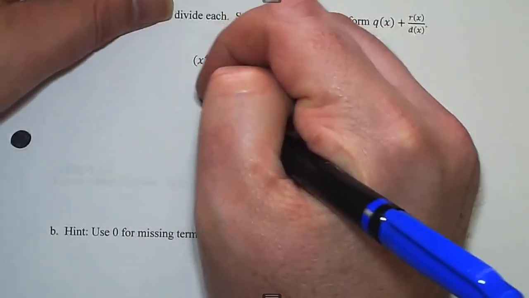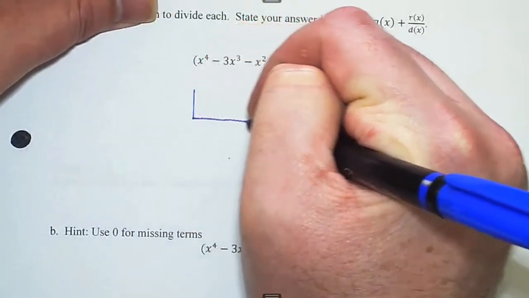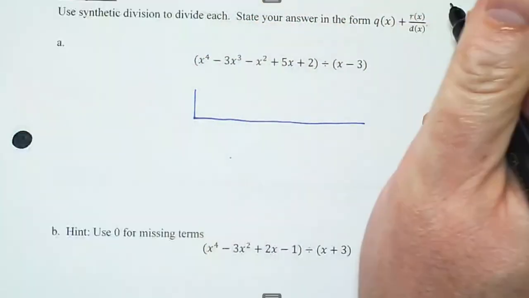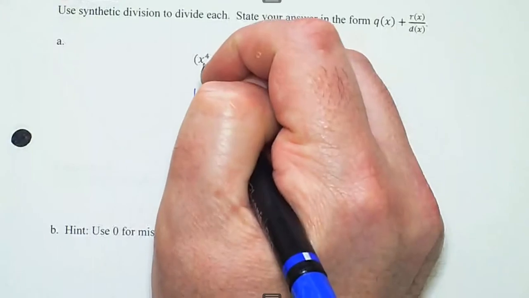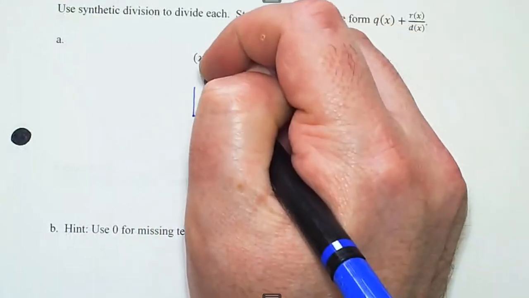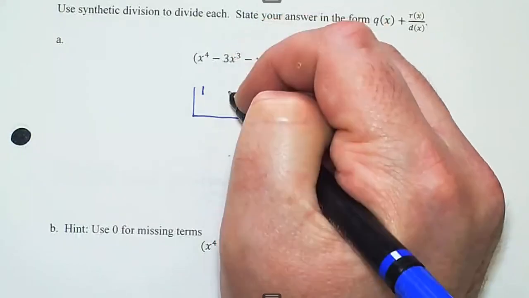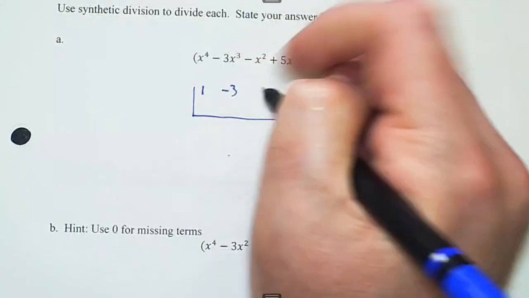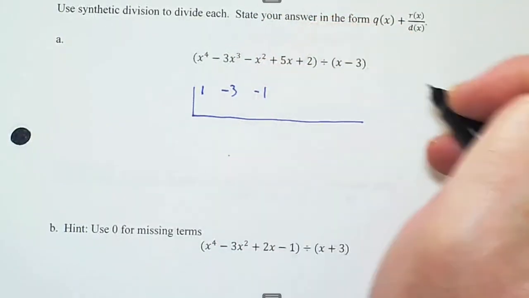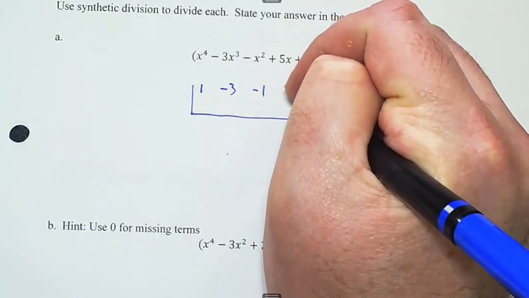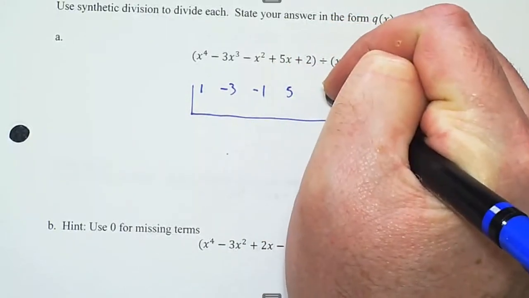So here we go. Instead of drawing a house, we draw a basement. Take the coefficients of the polynomial. So we have 1x to the fourth, negative 3x cubed, negative 1x squared, positive 5x, and positive 2.